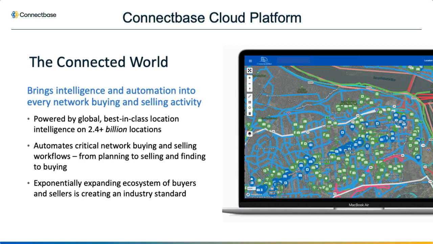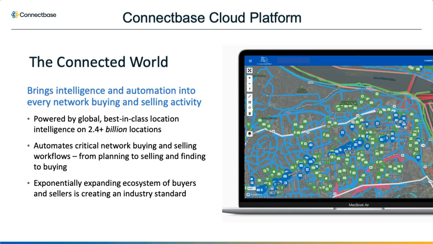And location truth includes address information, latitude and longitude, the footprint of a building, the square footage of the footprint, plus the number of stories, the tenants, whether it's a commercial building or a residential building. And again, this is the basis. And then that is correlated with all of the different connectivity services that potentially service that location from all of the various providers.